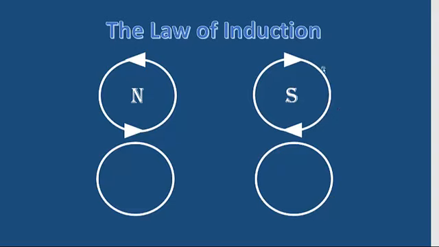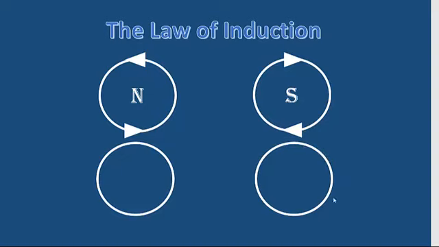If the cylinder is spinning in a clockwise fashion and there's a non-moving cylinder next to it, it's going to induce counterclockwise motion. So this is going to be spinning clockwise. It's going to induce counterclockwise motion. This is going to pull it in this direction.